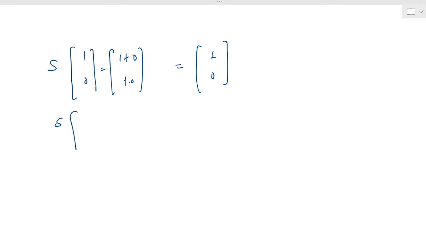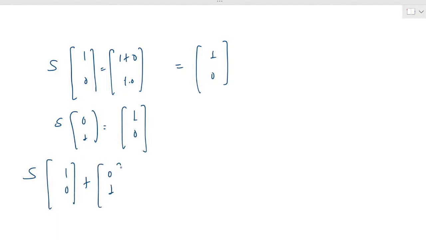And S of (0, 1) should be equal to again (1, 0). If I add these two up, (1, 0) plus (0, 1), this should be equal to S of (1, 1). And what would be S of (1, 1)? It would be (2, 0).